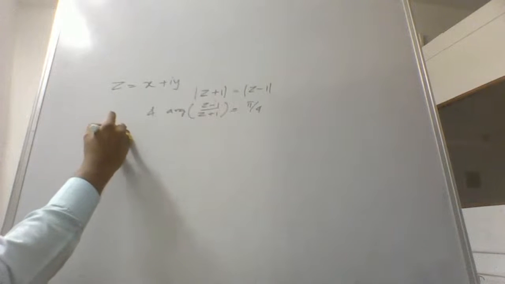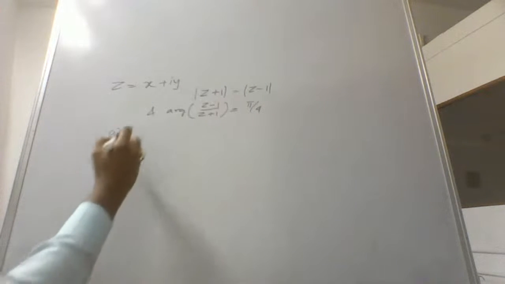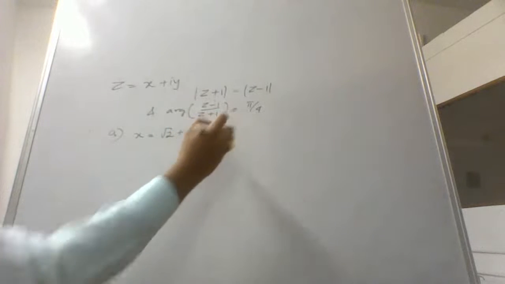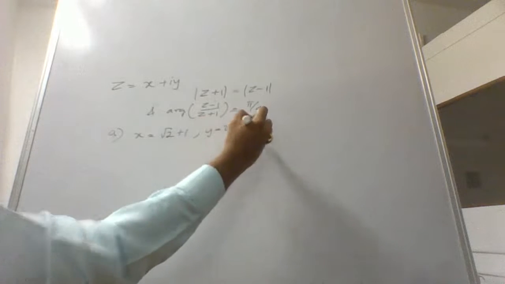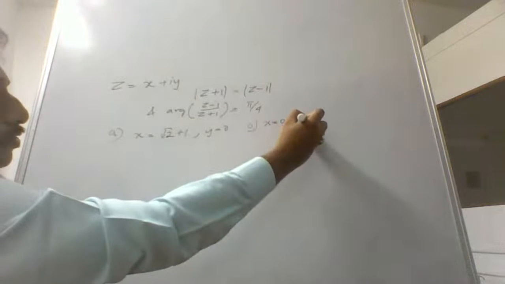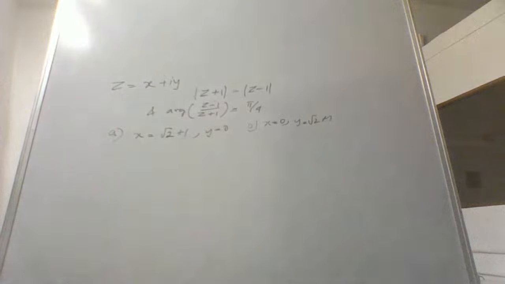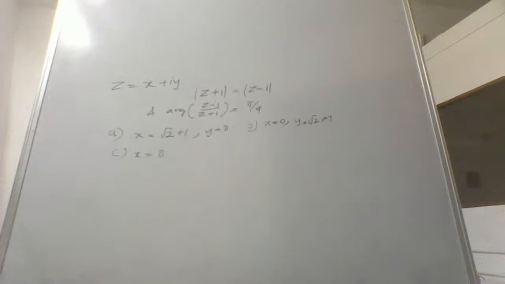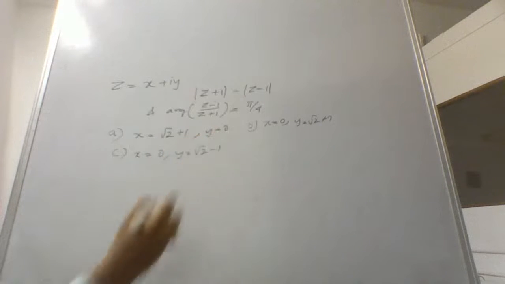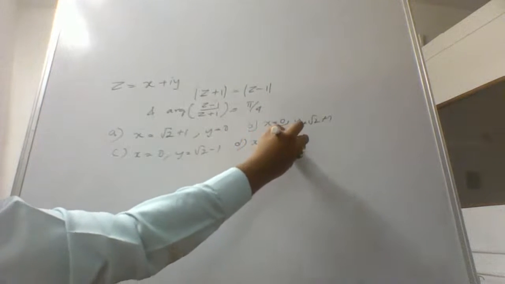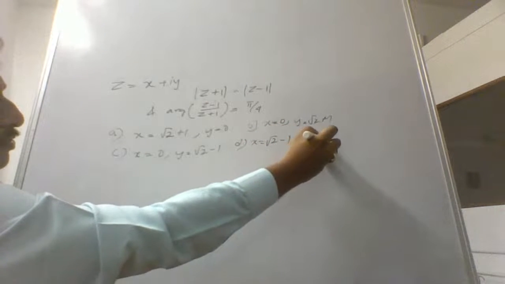Then the choices here are: a, x is equal to square root of 2 plus 1, y is equal to 0; b, x is equal to 0, y is equal to root 2 plus 1; c, x is equal to 0 and y is equal to root 2 minus 1; and d, x is equal to root 2 minus 1 and y is equal to 0.